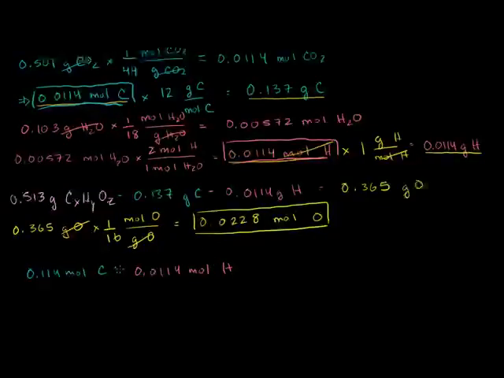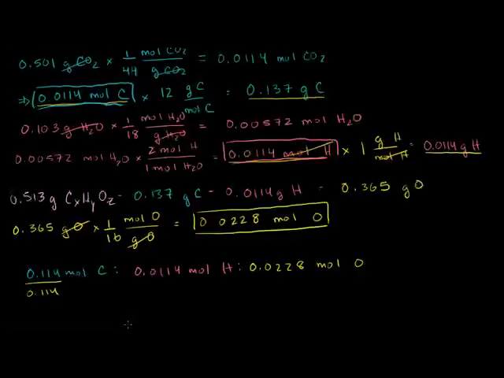They're actually the same number. So we're going to have a 1-to-1 ratio. To, and then we have the oxygen, 0.0228 moles of oxygen. And this looks like exactly twice that. So if we divide everything, this is another way of writing the ratio.